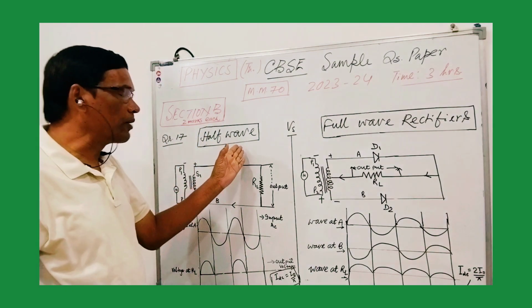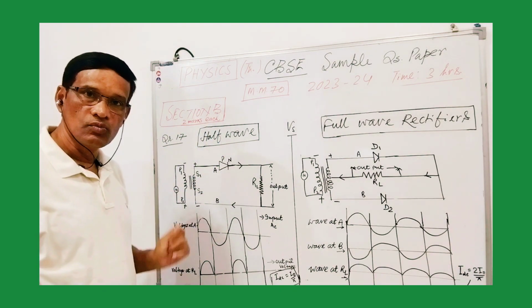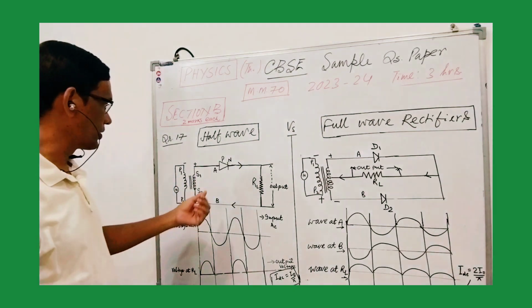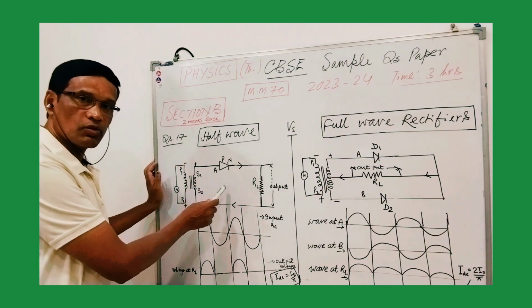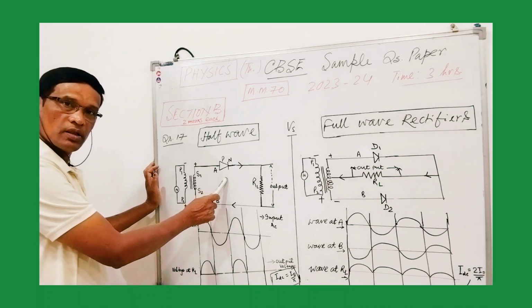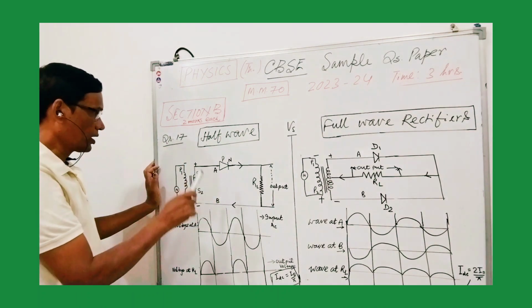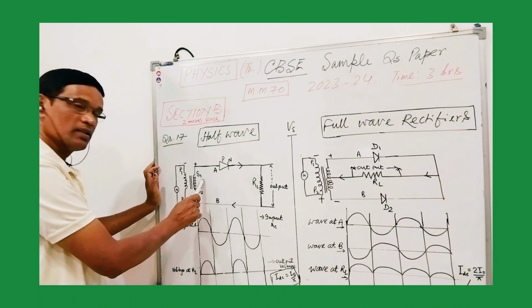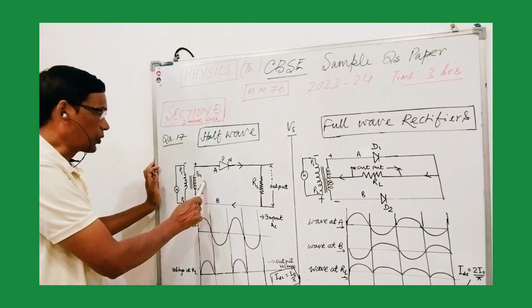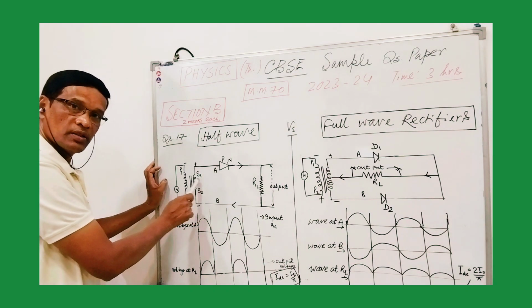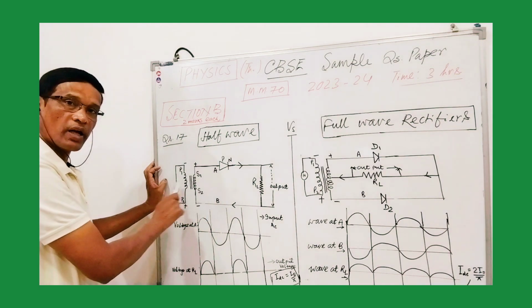Now to create one half wave rectifier, look at what things you require: one PN junction diode and one input voltage across the diode.